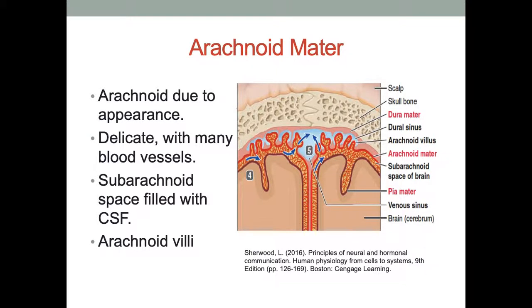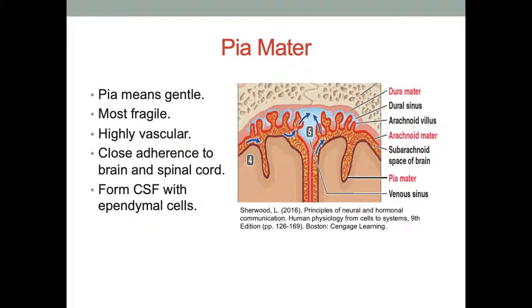Okay, and the last layer of the meninges that we're going to talk about is the pia mater. This is the innermost layer, and like I said in the picture earlier, it's this darker red region here, and the lightish tan color or pinkish color here is the brain. So the pia mater lies directly on there.